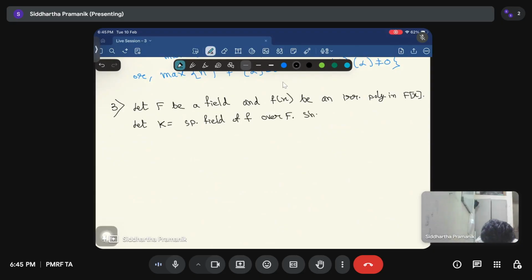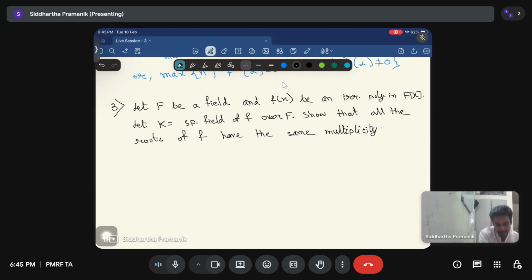Then show that all the roots of small f have the same multiplicity. So all roots have to be of the same multiplicity.